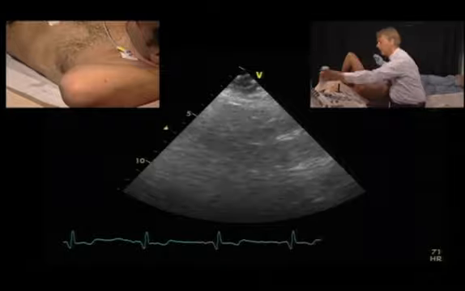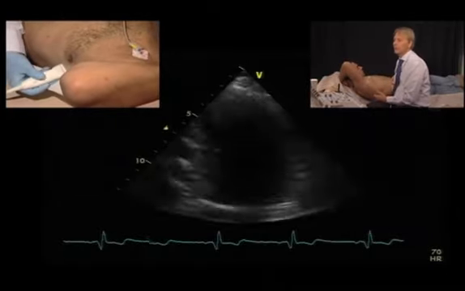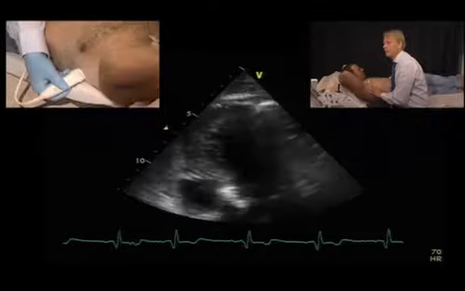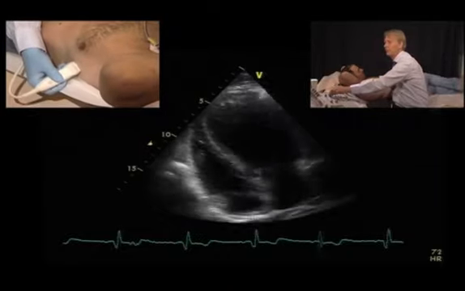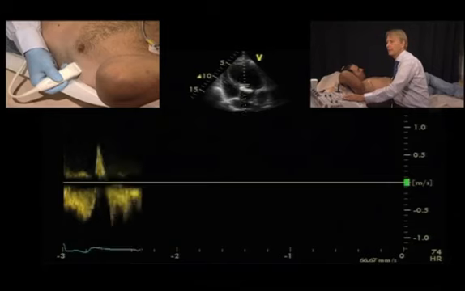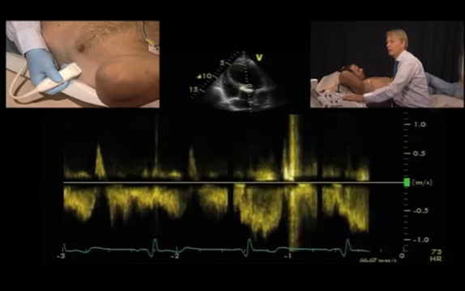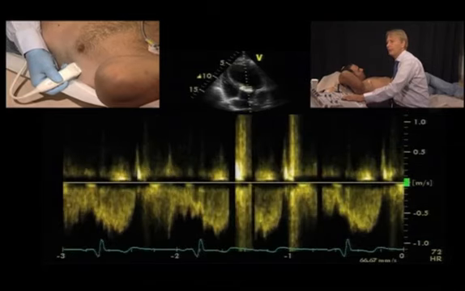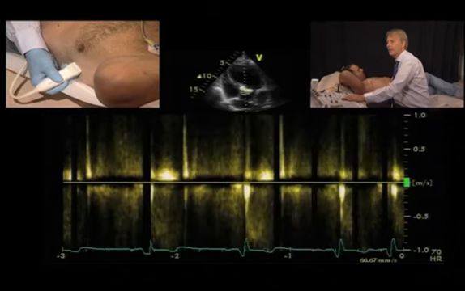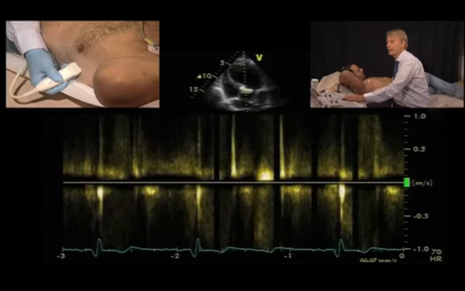To measure the LVOT velocity, we use a parasternal 5-chamber view. Again, we place the sample volume in the region of the LVOT. And then we slowly move the sample volume down into the valve. And you will see that we get a much higher velocity within the valve. That's the stenosis.